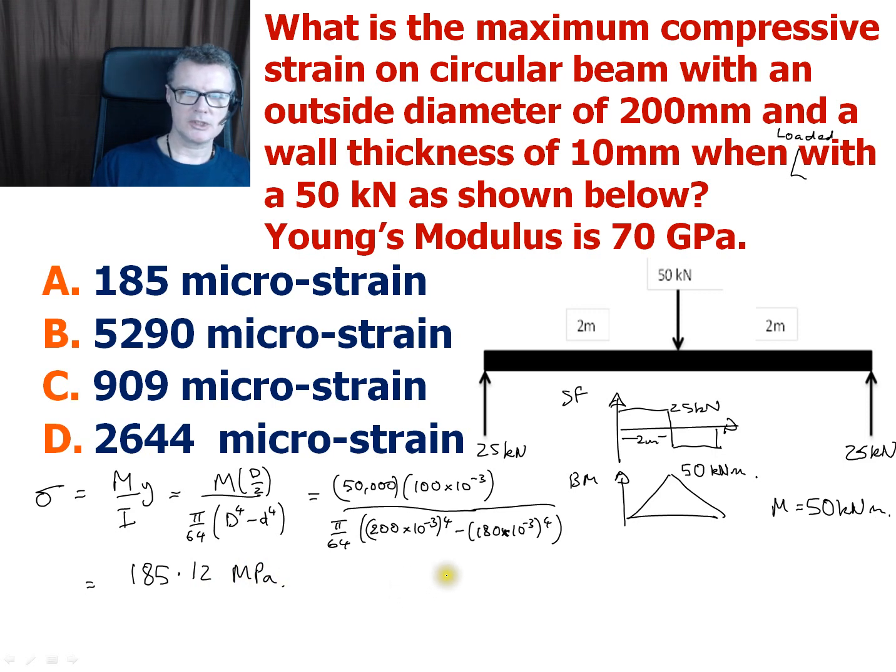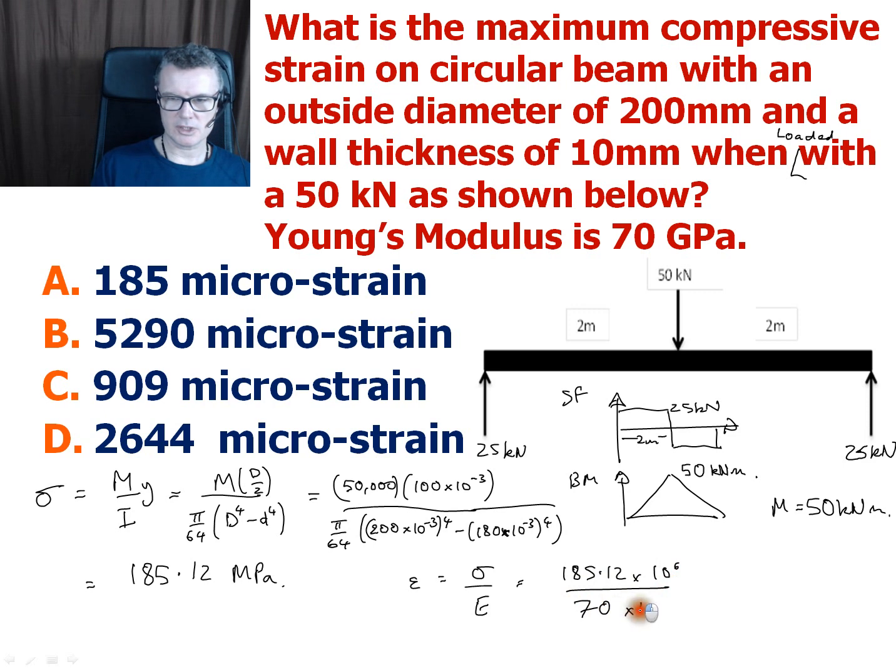Young's modulus is 70. So the maximum strain, I will assume simply to be stress over Young's modulus. So that gives me 185.12 times 10 to the 6 divided by 70 times 10 to the 9.